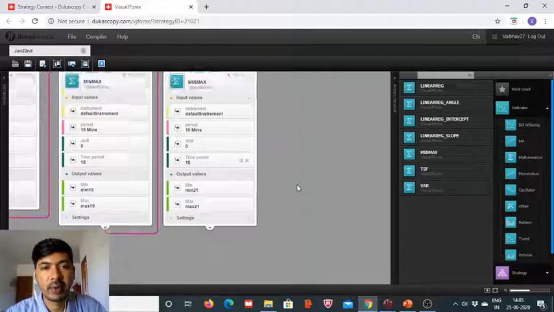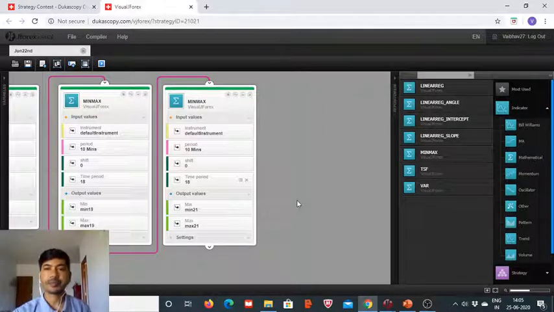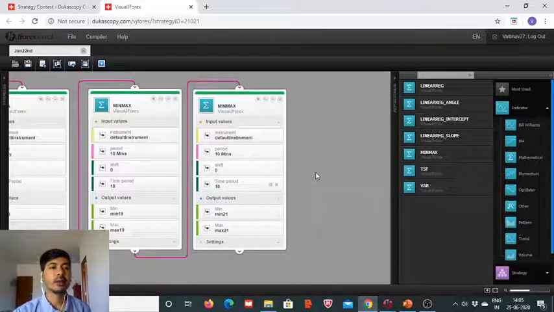So we have defined this condition as well. Now we got this min-max condition in place.